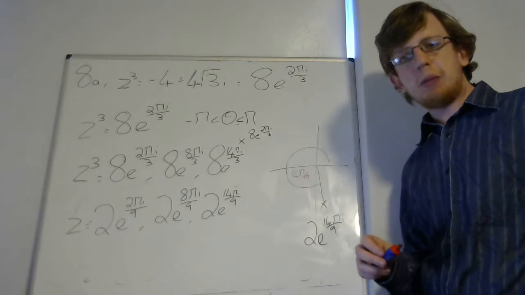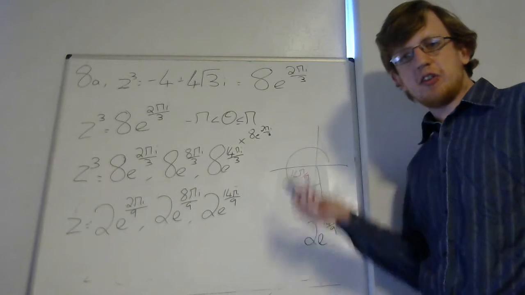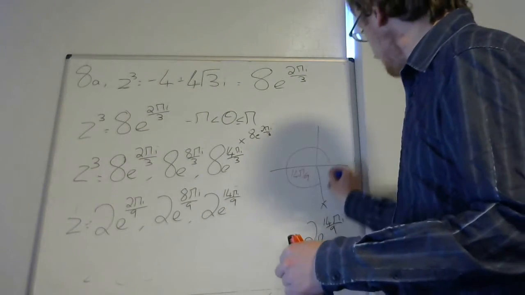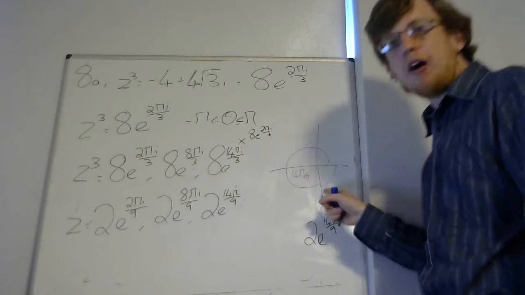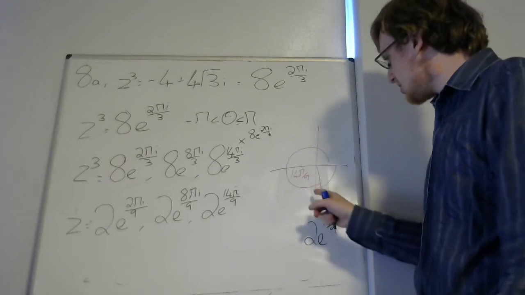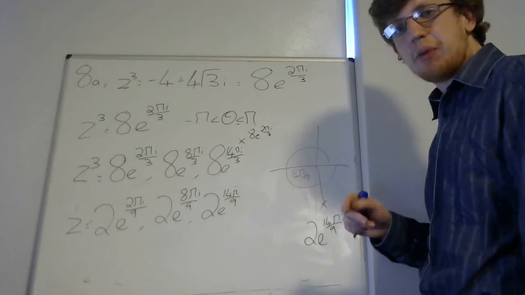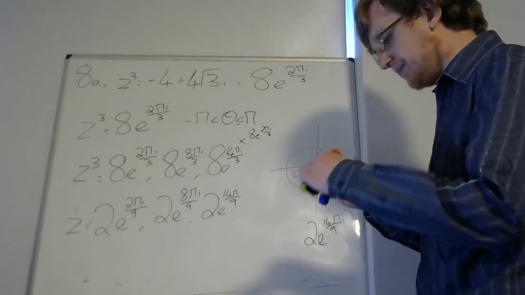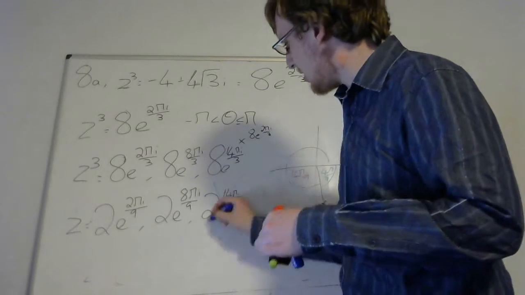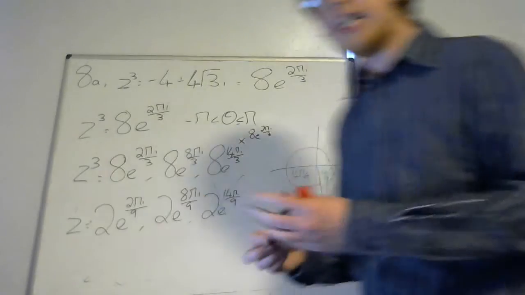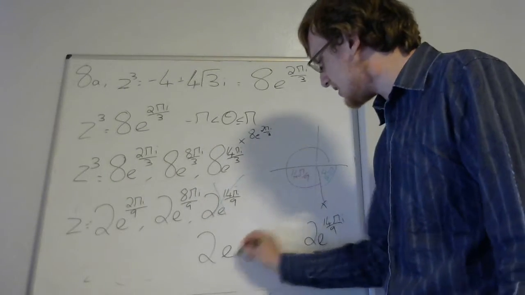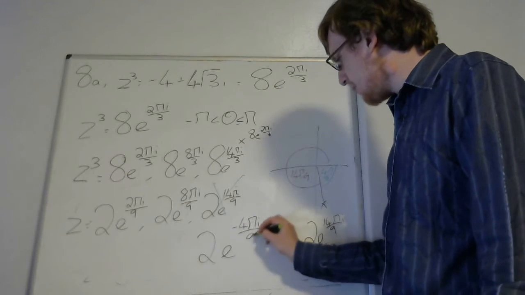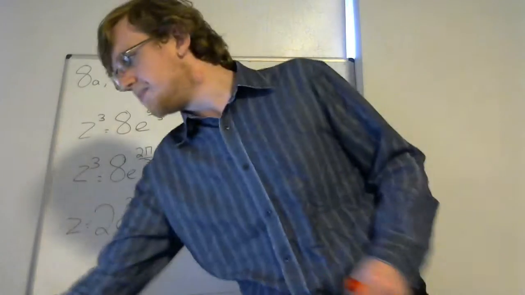But if I do that, I must remember that the argument becomes negative. So when you start going counterclockwise, the argument becomes negative. Now, all the way around is 2 pi, which would be 18 pi on 9. So the difference between 14 pi on 9 and 18 pi on 9 means that this angle here must be 4 pi on 9. So this is outside of the range, but the complex number equal to this that's inside our range would be 2e to the power minus 4 pi i on 9. Cool.